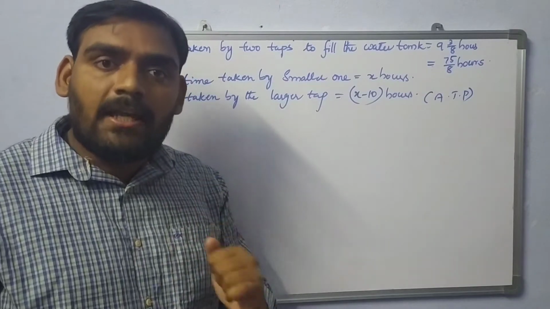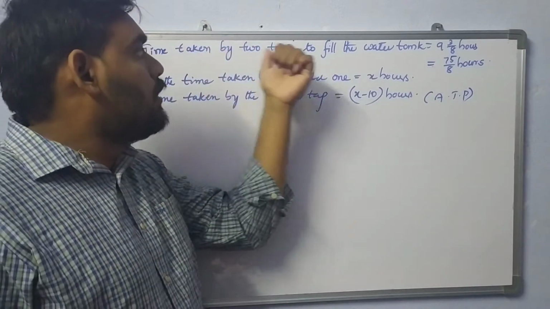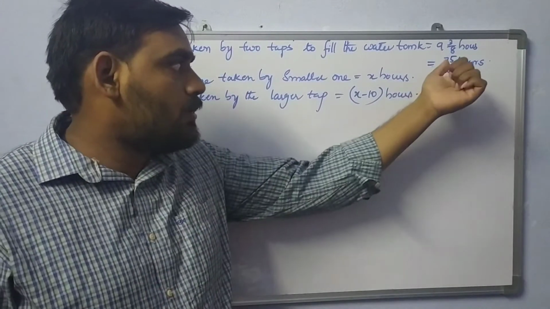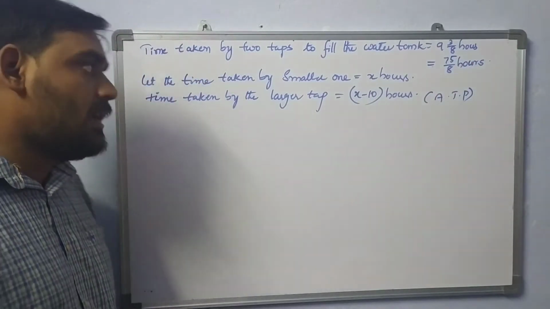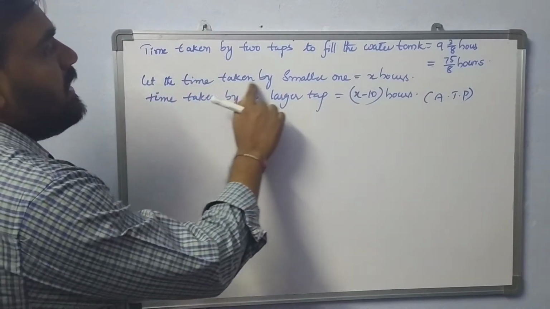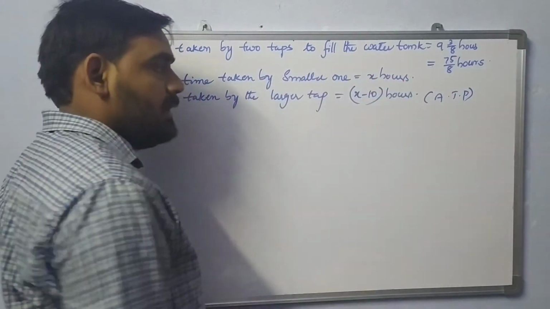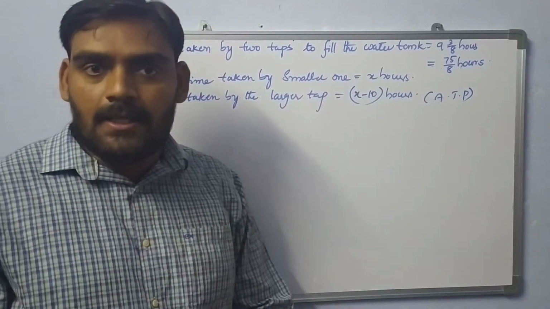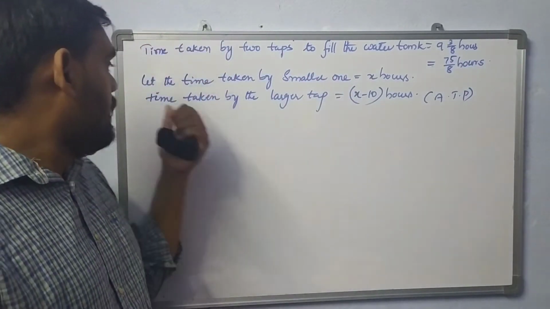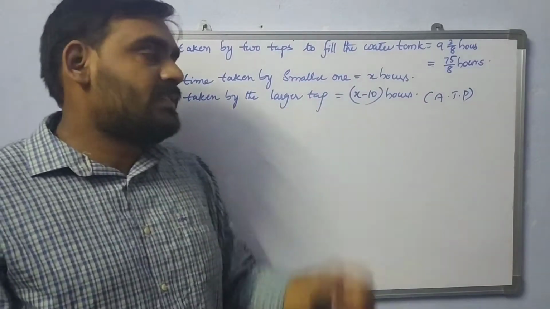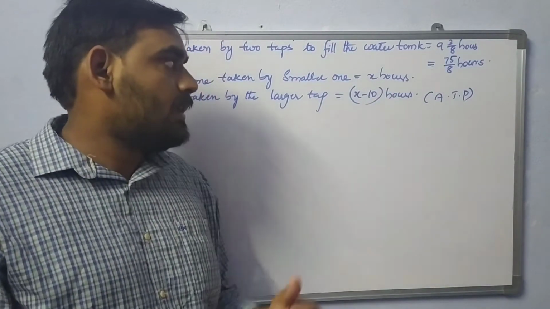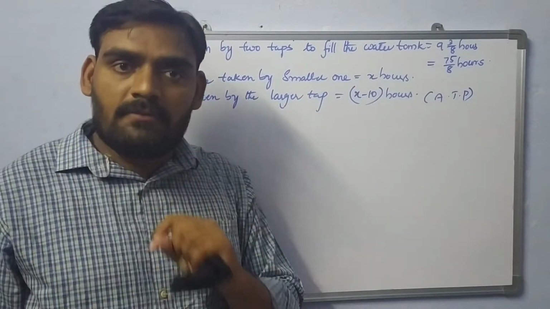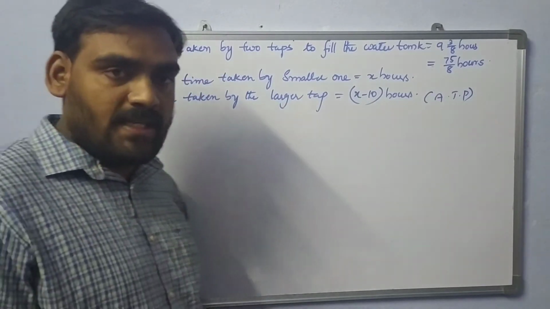The time taken by the smaller one is x hours, so the part of the tank filled by the smaller one will be 1/x. The time taken by the larger tap is x minus 10 hours, so the part of the tank filled by the larger tap in 1 hour will be 1/(x minus 10).